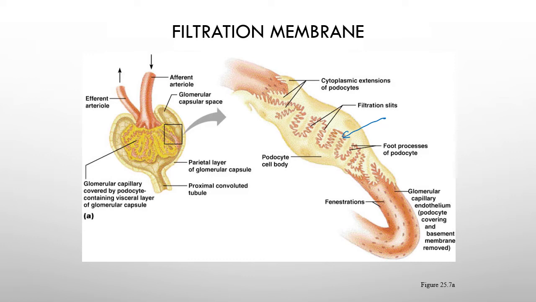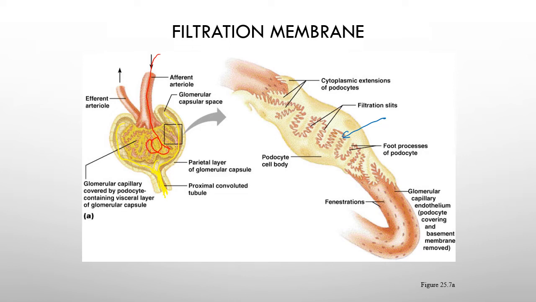And so when it comes to urine production, it's coming out into this capsular space through all of those little foot processes, all those little filtration slits, and essentially coming into the proximal convoluted tubule from that capsular space. And so coming in, we have the afferent arteriole bringing in essentially high pressure blood.